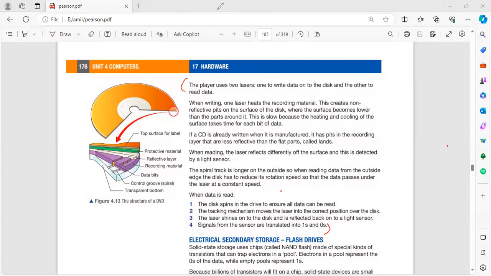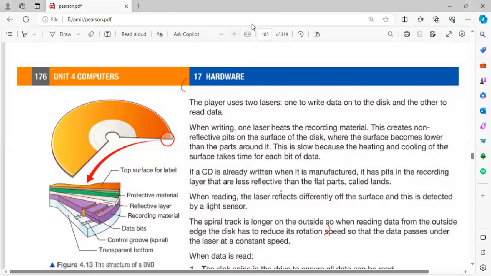So basically, optical discs store data using red laser light, and the player uses two lasers, one to write data onto the disk and the other to read data.